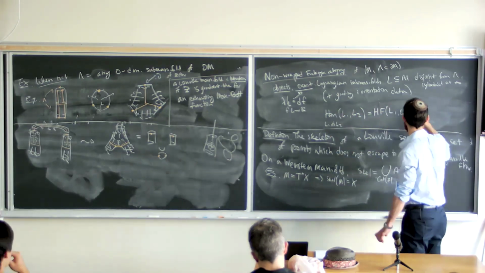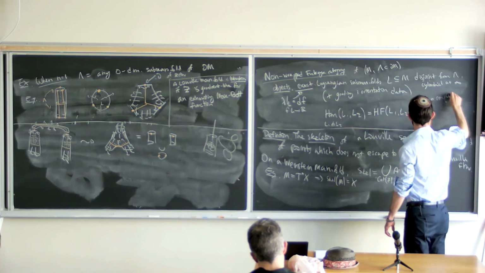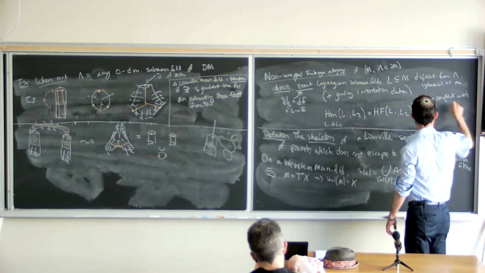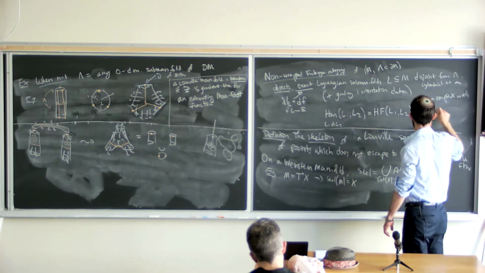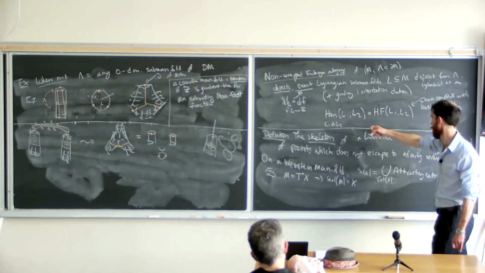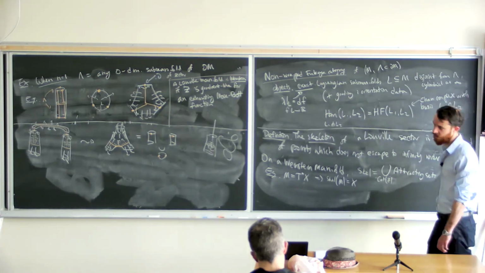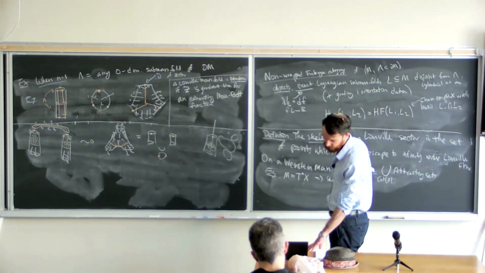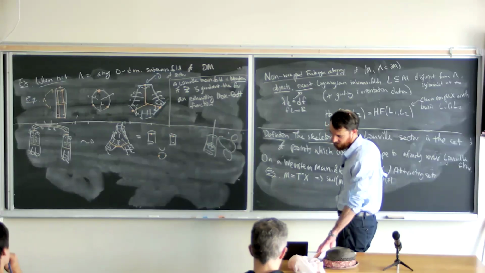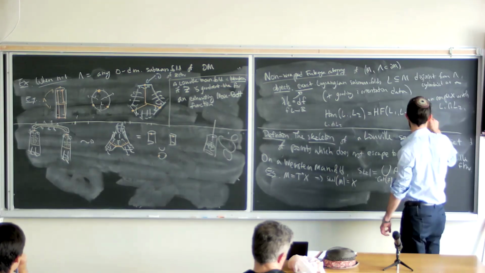So this is some chain complex with basis given by the set of intersection points of L1 and L2. I said that if these are meeting transversely, then this is a finite set. The differential in the chain complex is given by counting holomorphic disks.